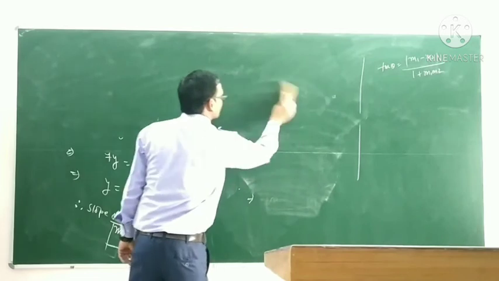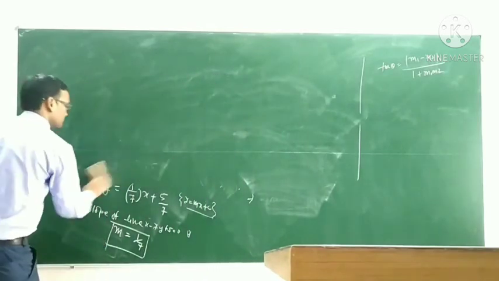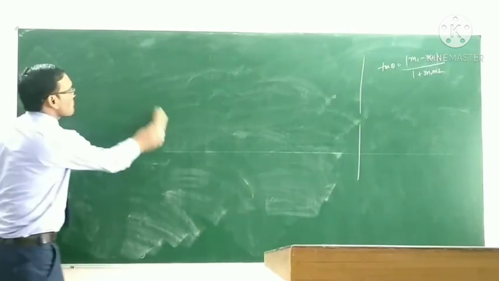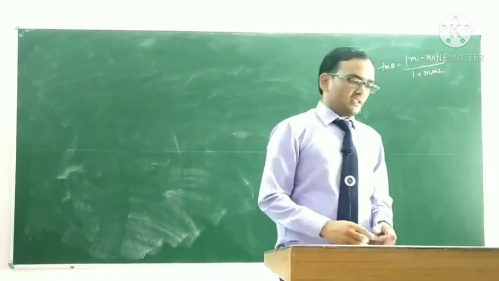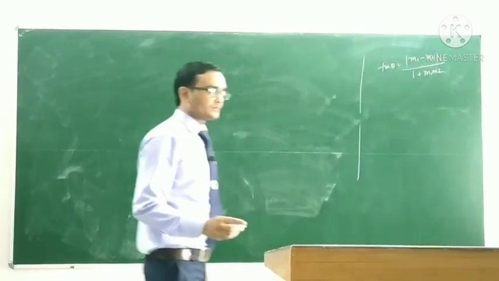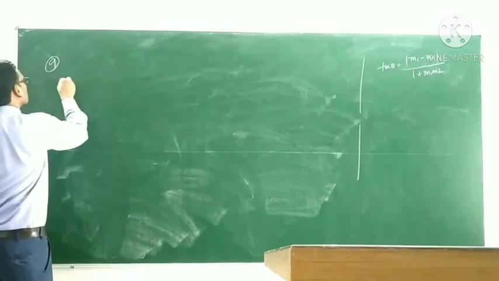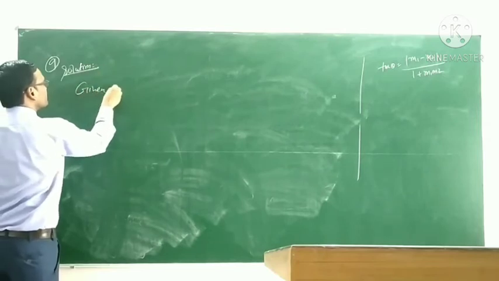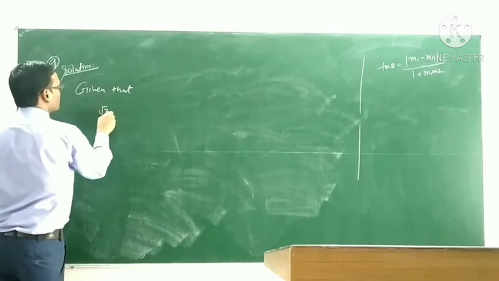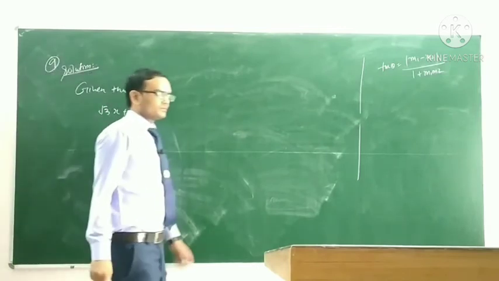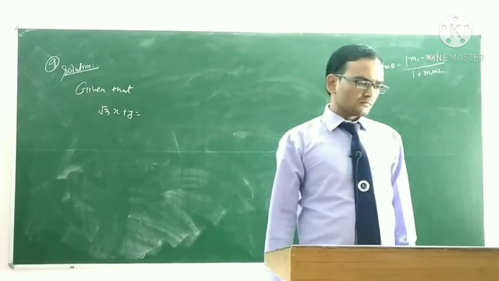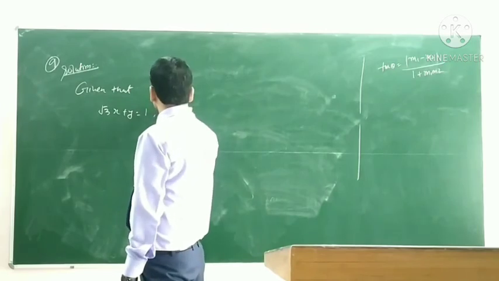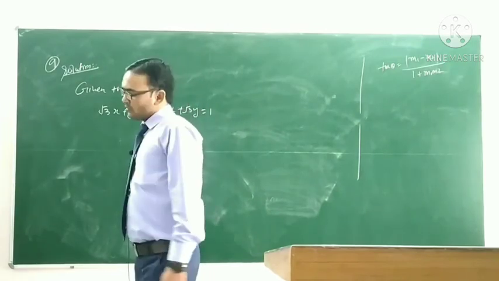Okay students, given that the equations of the lines are square root 3x plus y is equal to 1 and x plus square root 3y is equal to 1.